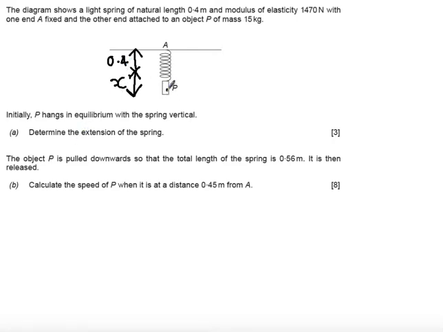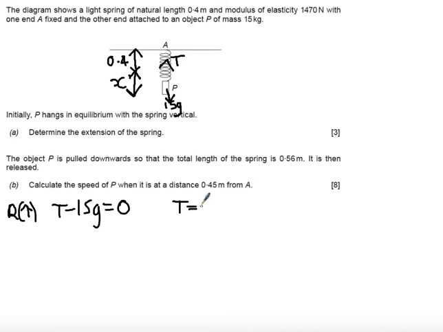I know that we've got a mass acting here of 15g, and that there is a tension acting upwards. Let's call that T. Now, if I resolve upwards to find the tension in the string, we have T minus 15g equals 0.